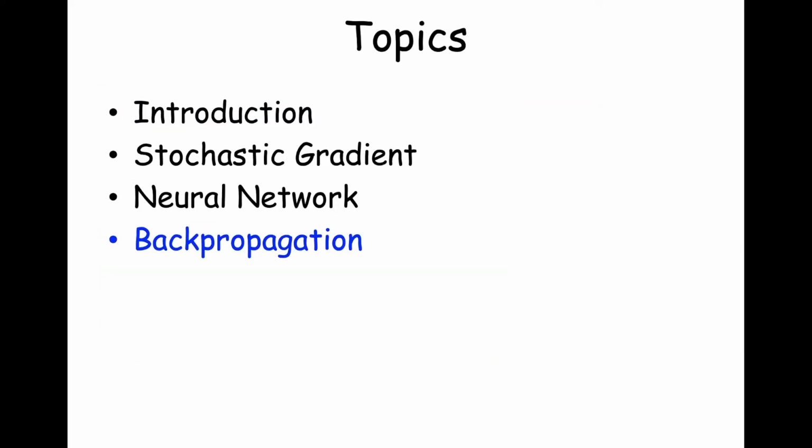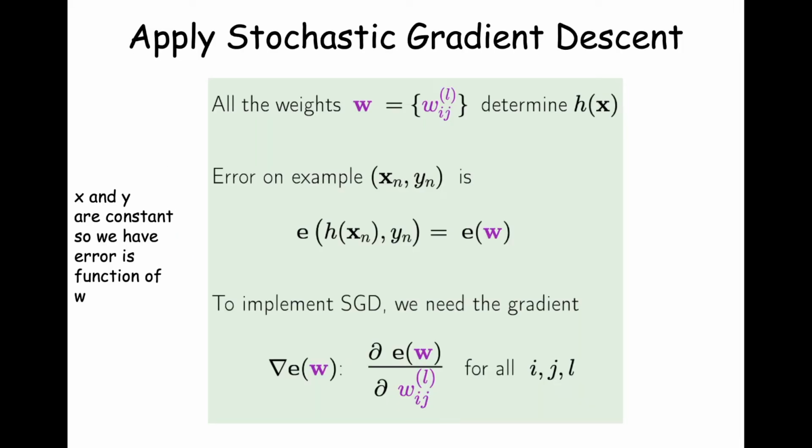So let's take a look at our backpropagation algorithm. And so we have all of our weights. Collectively, these define the parameters for the neural network, and a particular instantiation of all these weights, Wij superscript L, are going to determine the particular hypothesis, h of x.